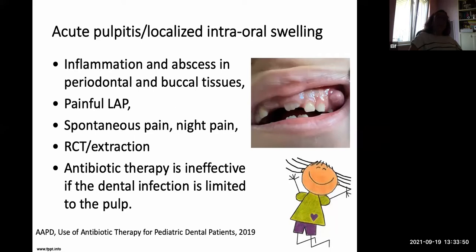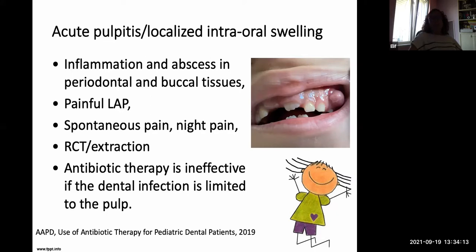As I mentioned in the previous slides, we have to examine the situation both clinically and radiographically, and we'll decide whether we'll make a root canal treatment or extraction afterwards.